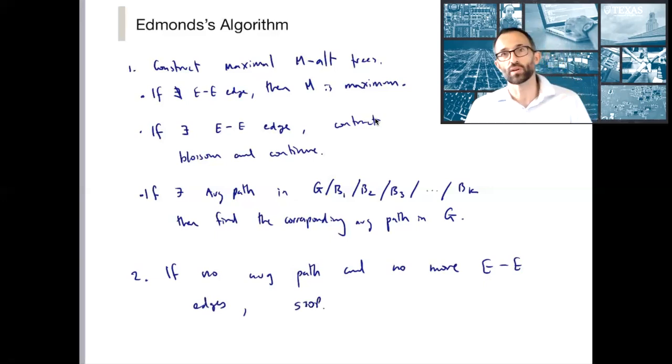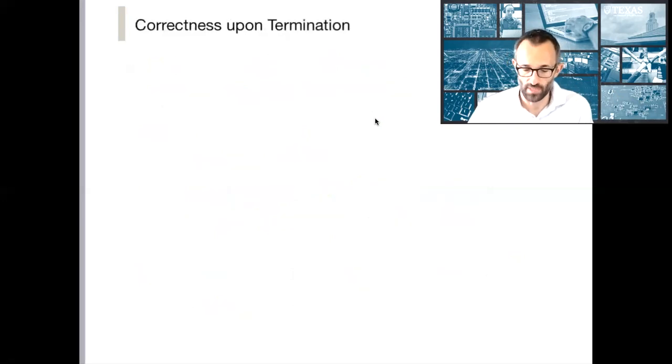So we need to do two things. We need a proof of correctness, that if it terminates, it certifies that M is optimal. And then we also need to check that this terminates in polynomial time. But these are both fairly straightforward.